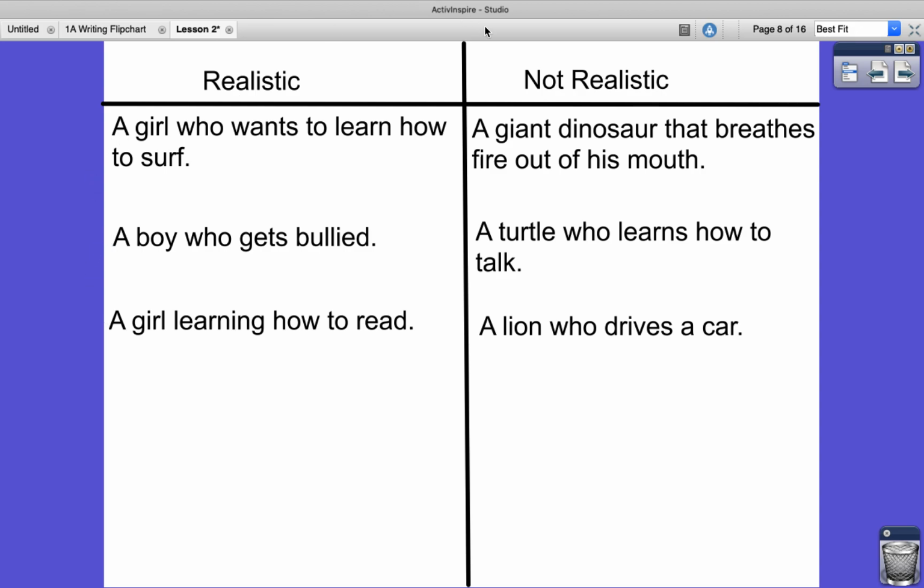Now, let's look at something that's not realistic. This is something that we would not find in our ordinary lives. We're not going to find a giant dinosaur that breathes fire out of his mouth, a turtle who learns how to talk, or a lion who drives a car.